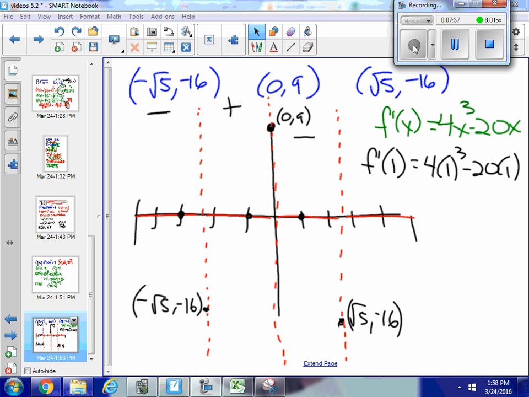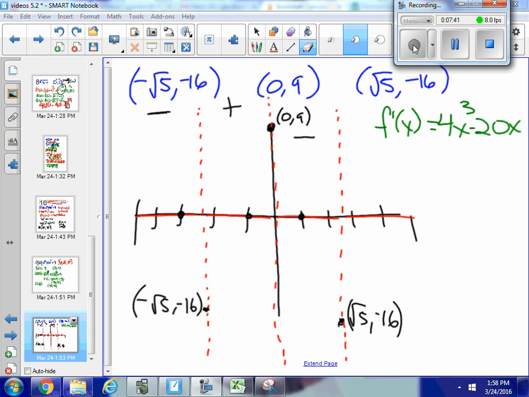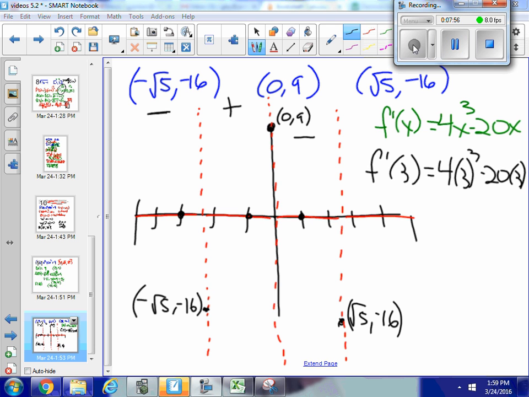And then my last one, I think I'll pick 3 again, since I'm kind of getting used to these numbers. And I'm going to do f prime of 3. Well, that's 4 times 3 cubed minus 20 times 3. Well, 4 times 27 is greater than 100 minus 60.